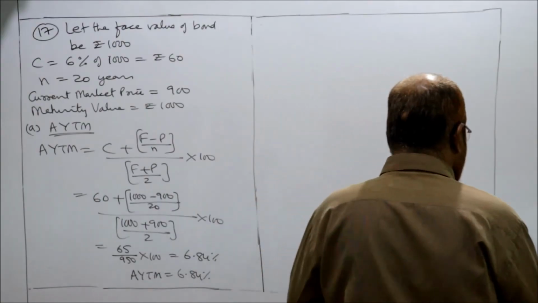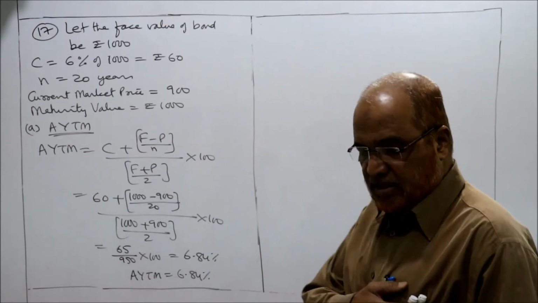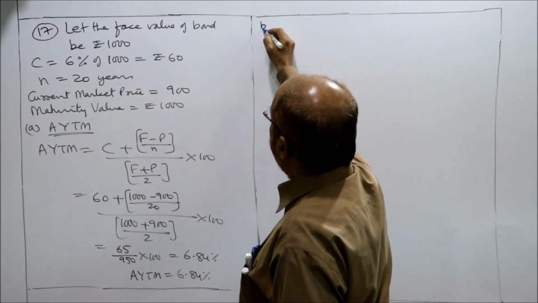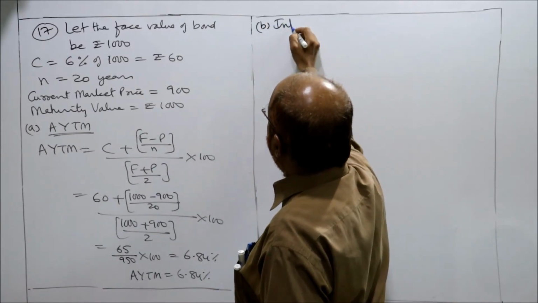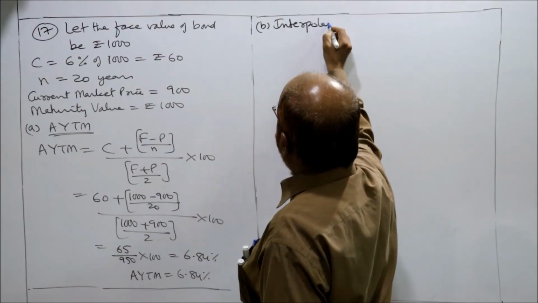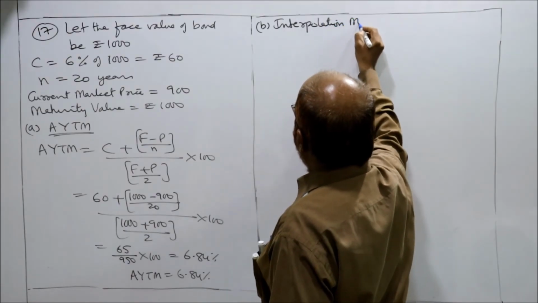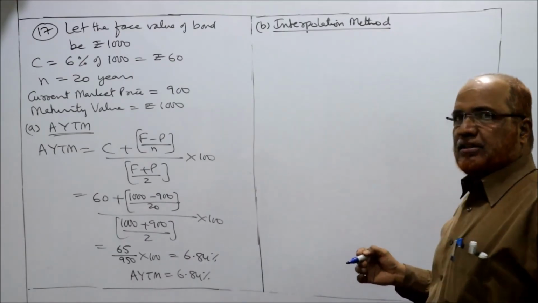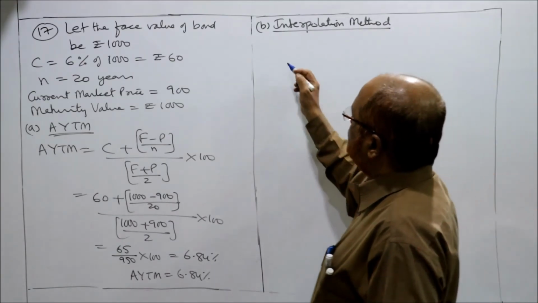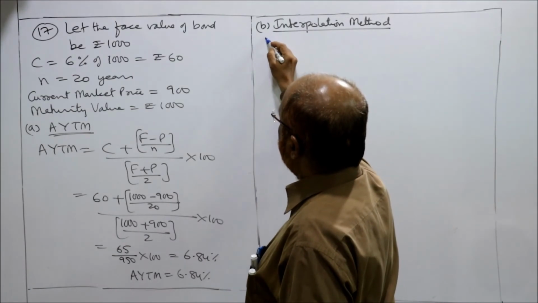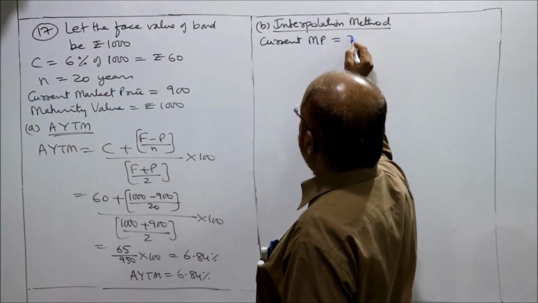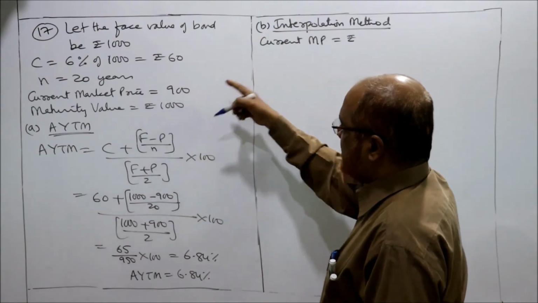But the difficulty will be in calculating actual YTM. Interpolation method. The current market price is 900 rupees.